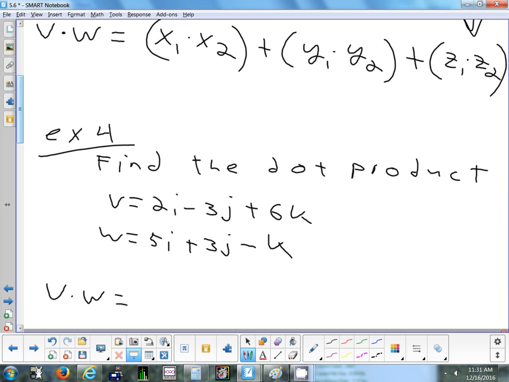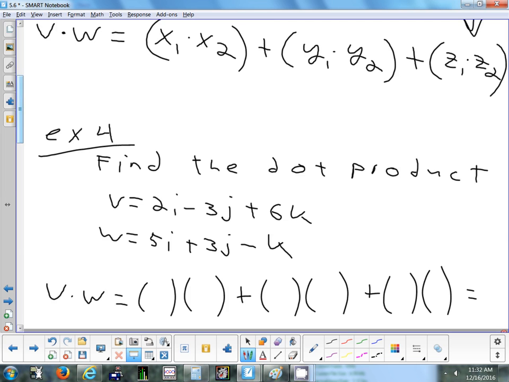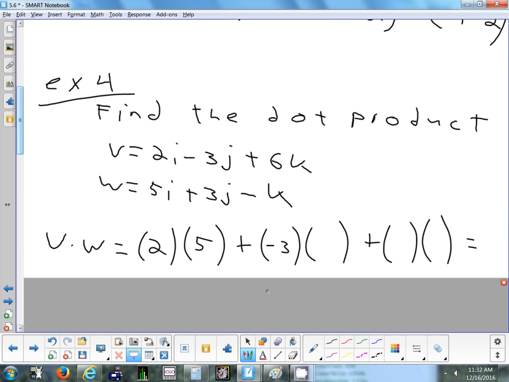All right, so let's find the dot product between those two vectors. Marquise, what's going to be the first two things I multiply together? 5. Yep, 2 and 5. Brianna, the next two? -3 and 3, good. And Katrina, the last two?